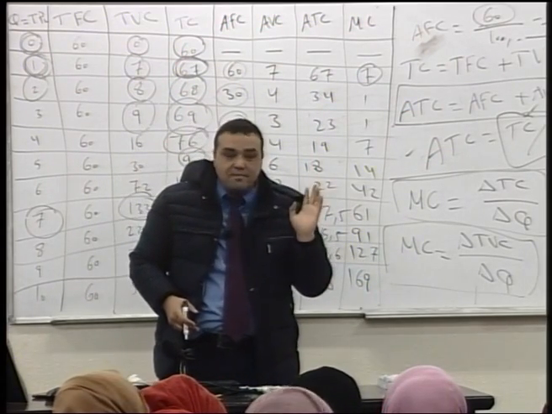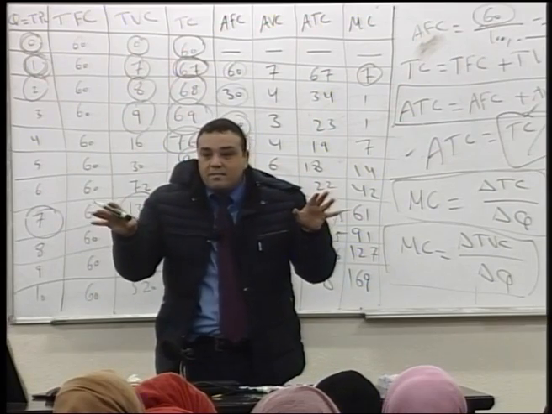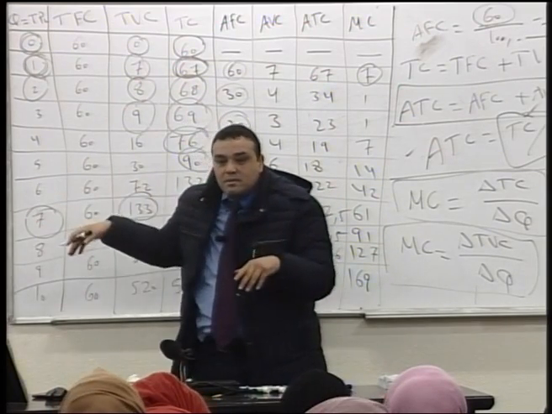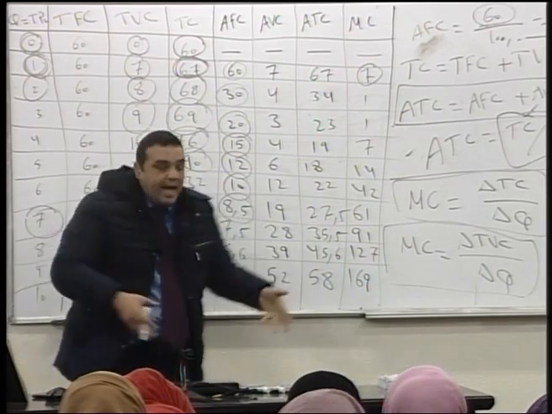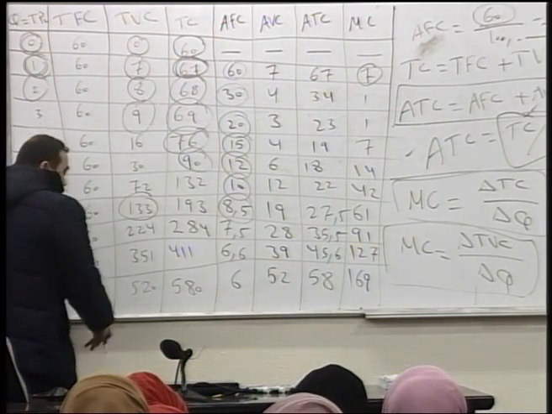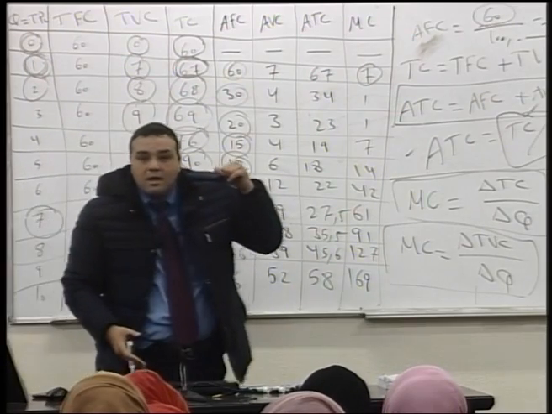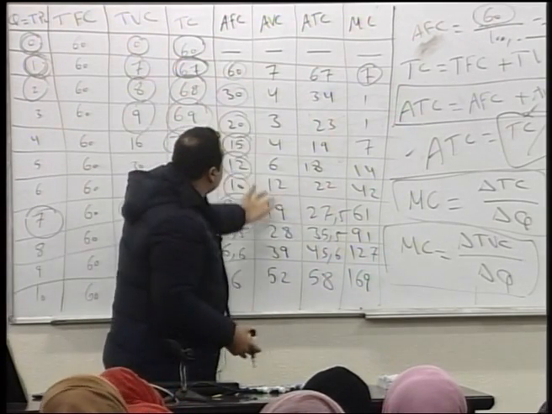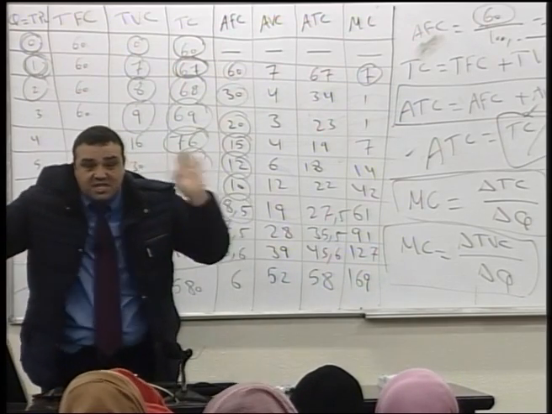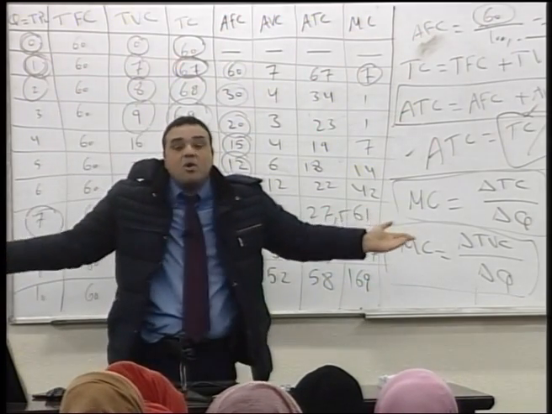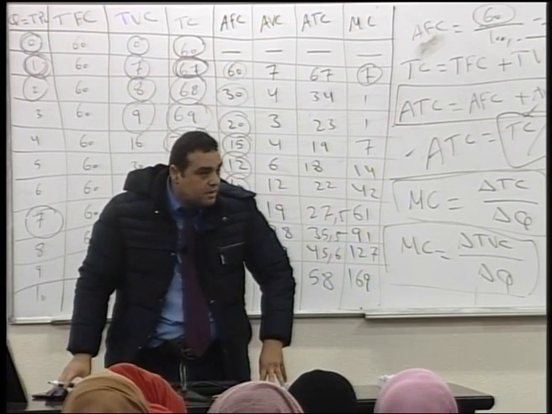Exactly, in the long term. So in the long term, total fixed cost will be zero. But in the short run, as there is total fixed cost, the average fixed cost will still go down but never reach zero. But in the long term, we have no fixed cost, right?